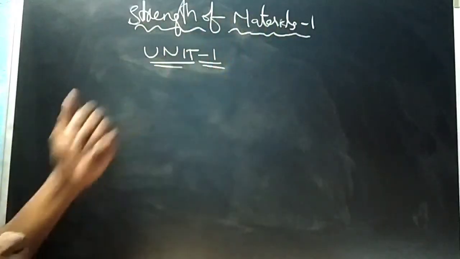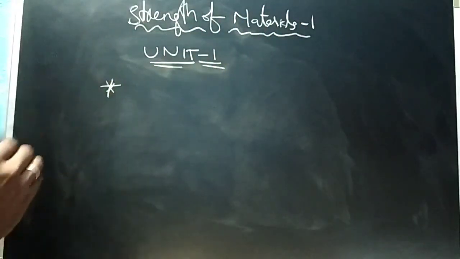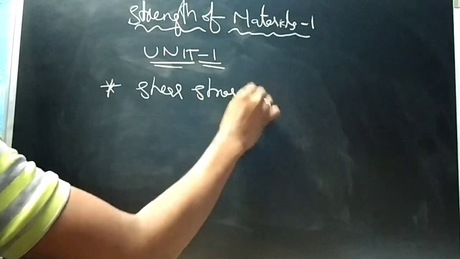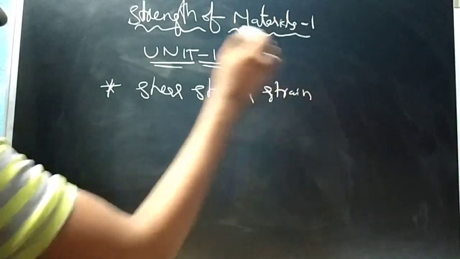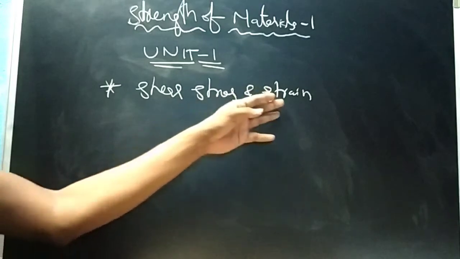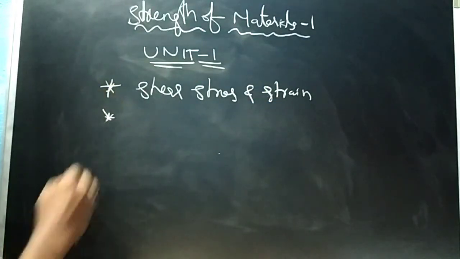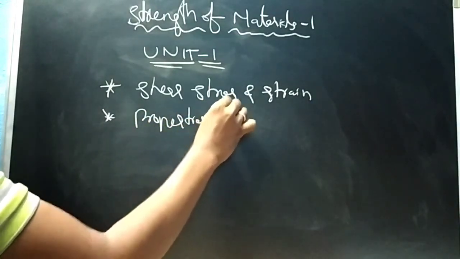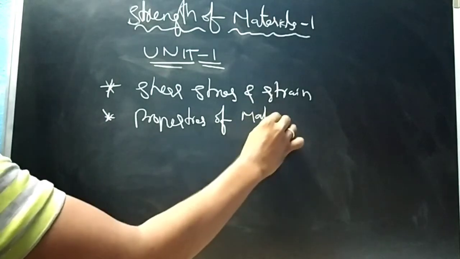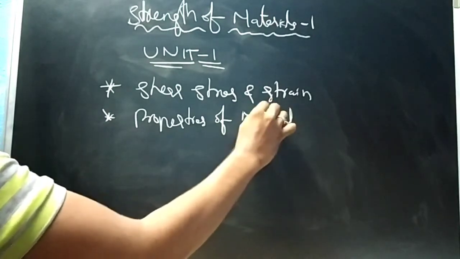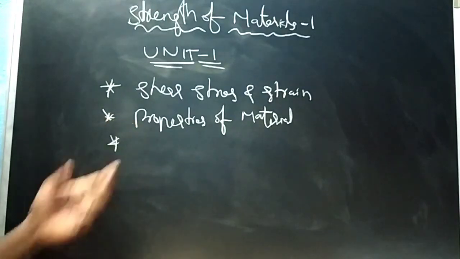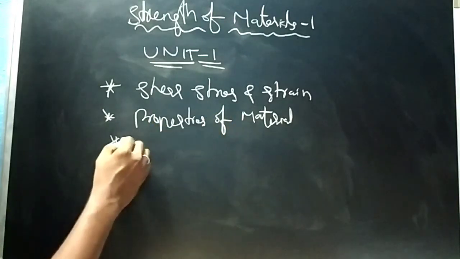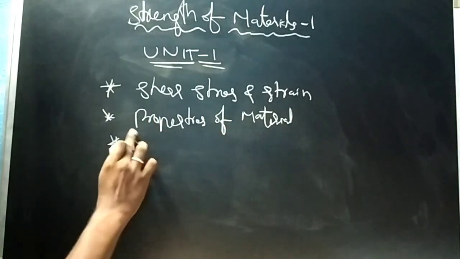In Strength of Material 1 Unit 1, we'll see some animated videos on shear stress and strain. The first video is on shear stress and strain. Next we are going to see properties of materials, in that we have the elastic property. Next we'll see Hooke's law.